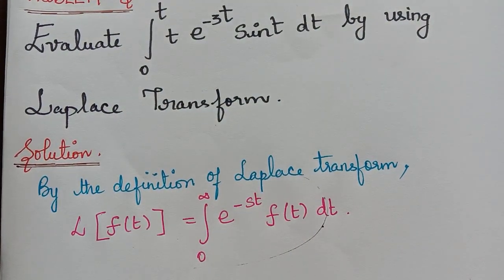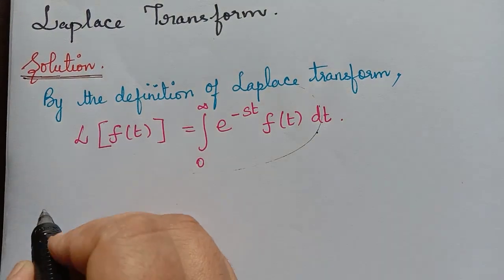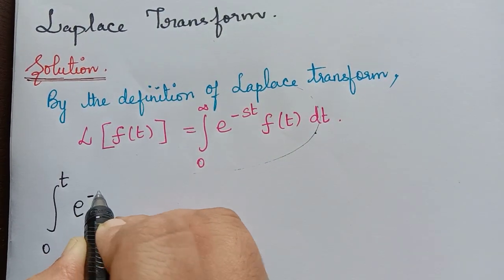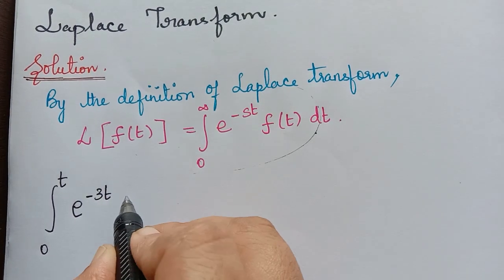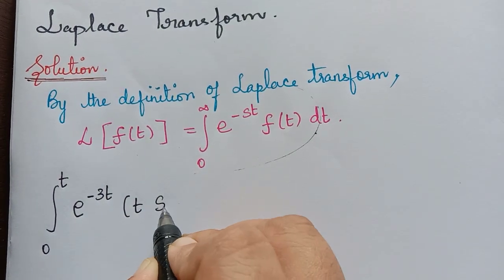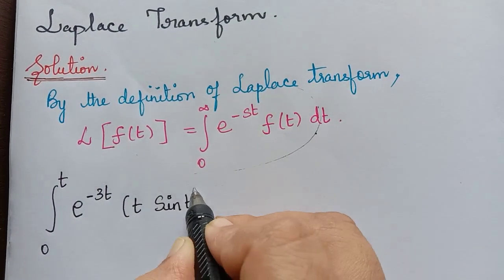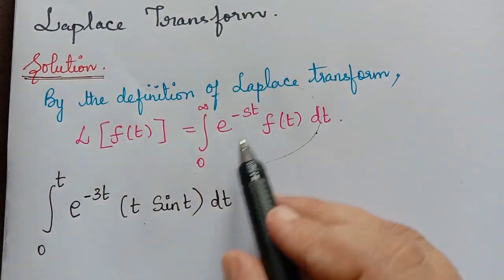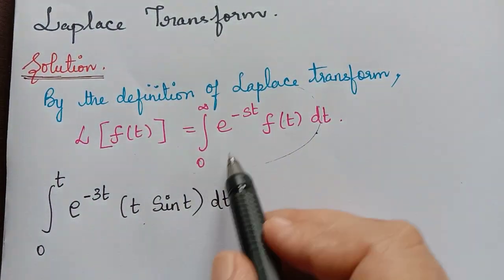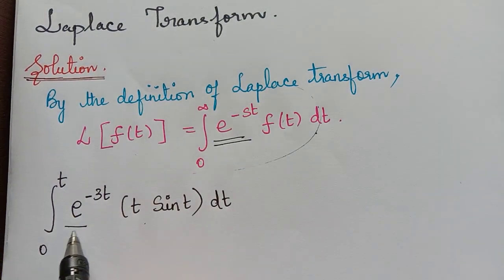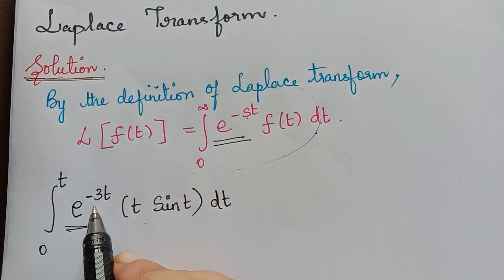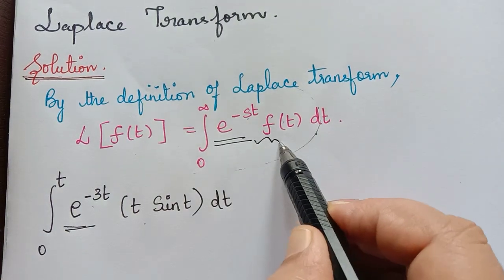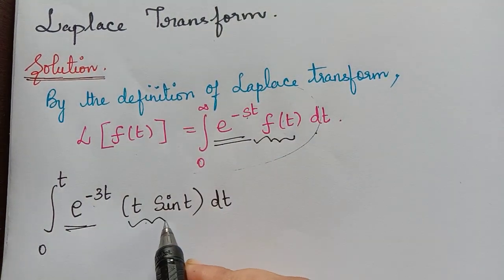We will rewrite the given integral as integral 0 to infinity e to the power negative 3t in the front, and t sine t as one function, dt. Now when you compare this with the definition of Laplace transform, we see that the value of s is equal to 3, which we will substitute at the end of the problem, and f of t is equal to t sine t.